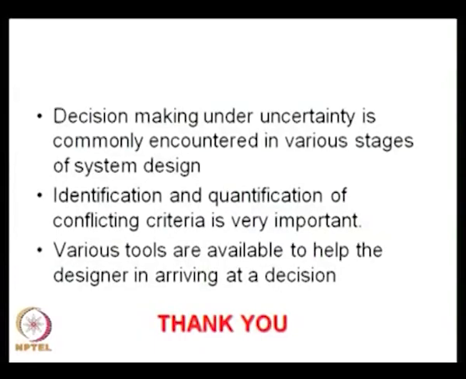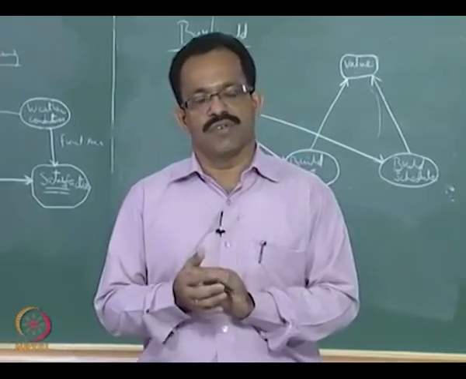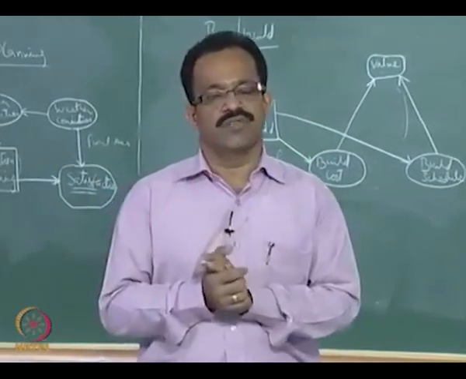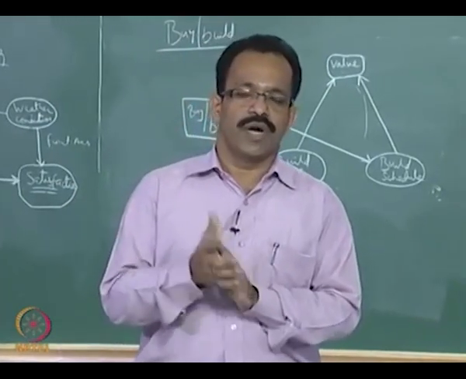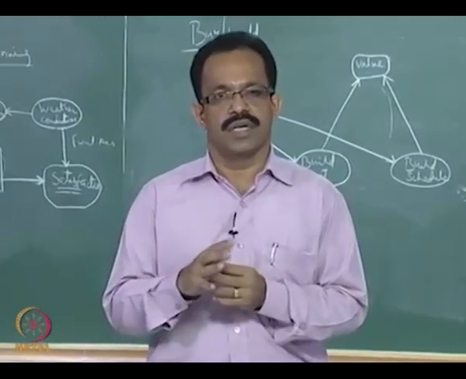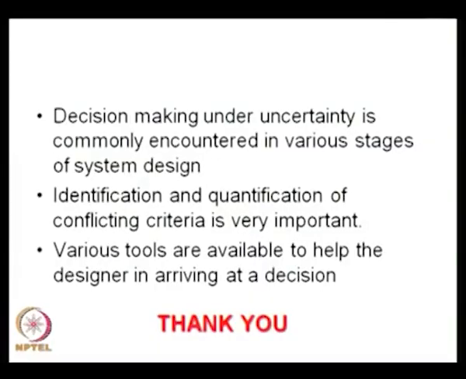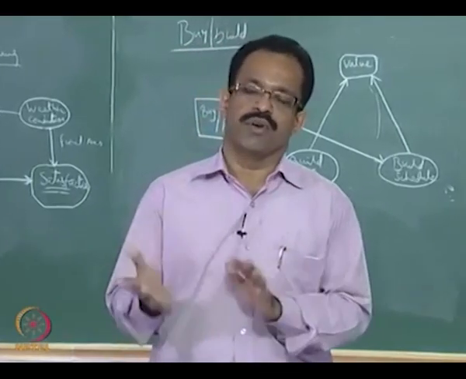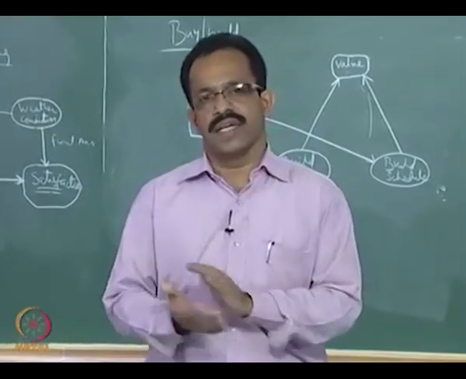To summarize whatever we discussed in the last 2 lectures on how to make a decision, we found that decision making is a process where a lot of uncertainties are there. So we need to identify these uncertainties in the decision and find out how we quantify the conflicting criteria in decision making. That is one important part. How do we identify and quantify the conflicting criteria in decision making?